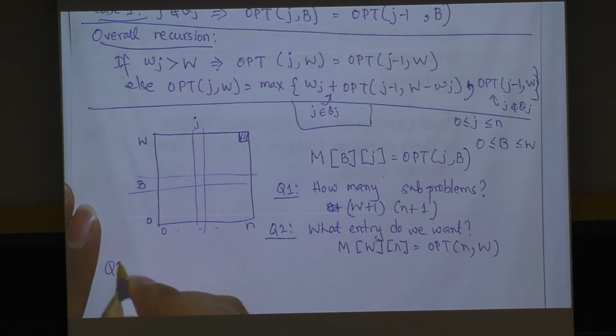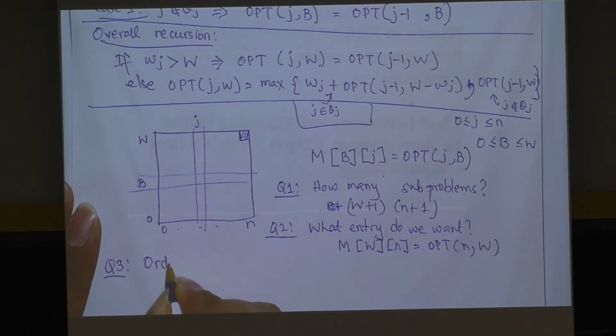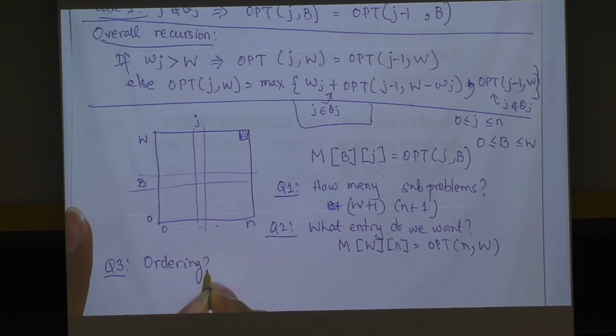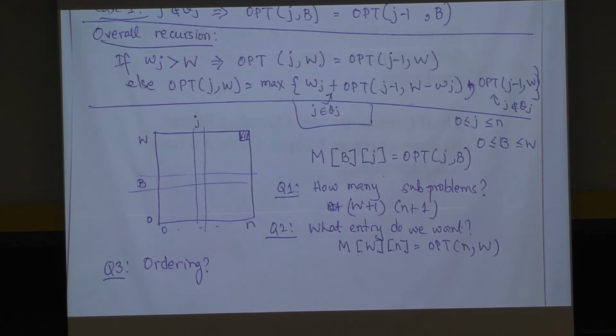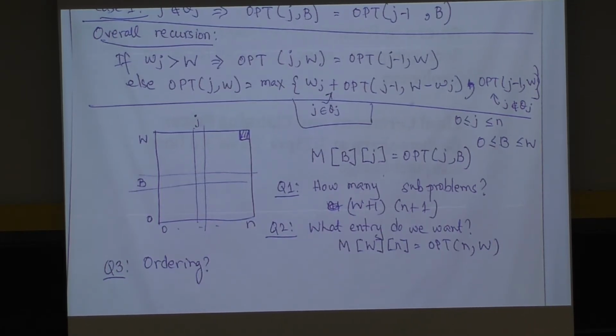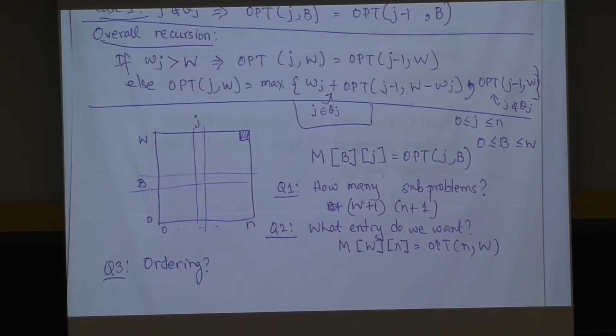So the third question is, we want to come up with an ordering so that, in that ordering, if we point to a subproblem at that point of time, I should be able to compute it if I know all the values that come before. And how do we figure that out?